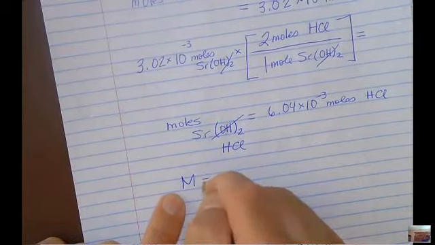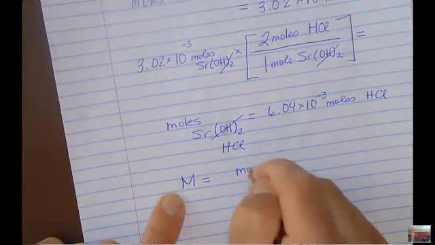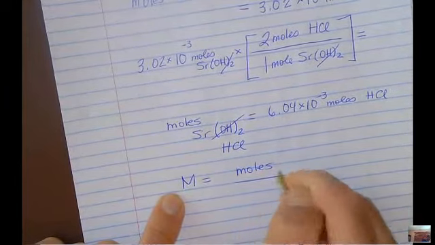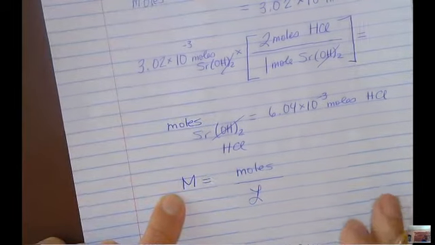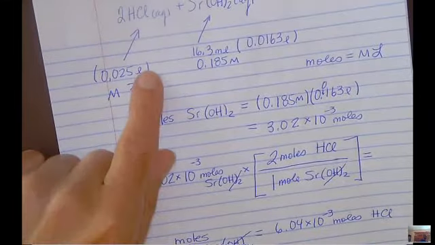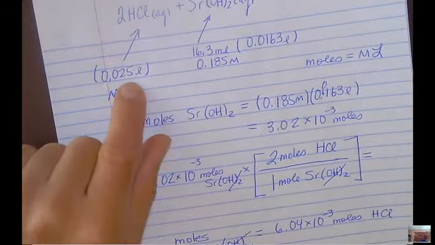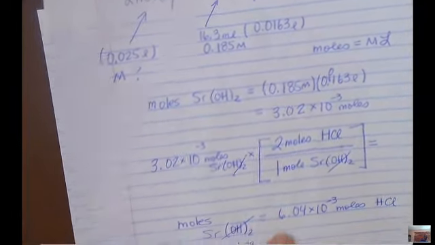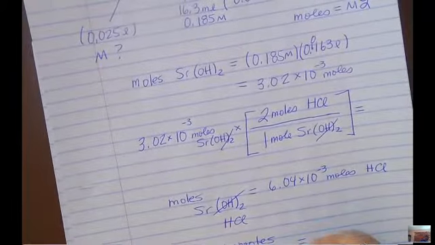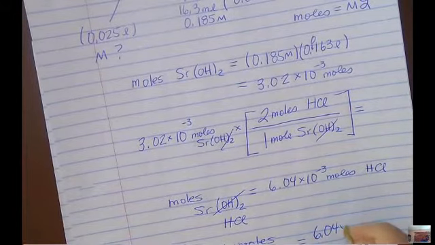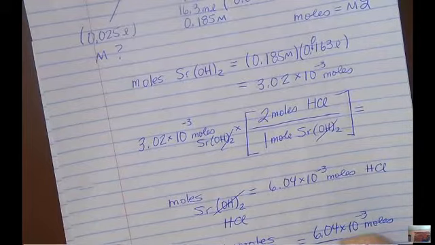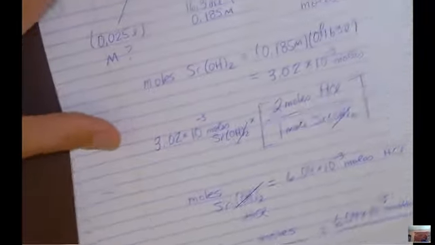The molarity is then just equal to the moles of that substance divided by how many liters I started with. This is the substance I'm dealing with. I now know how many moles there are: 6.04 times 10 to the minus 3 moles. And I need to divide that by the number of liters.